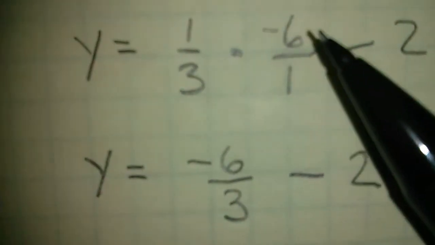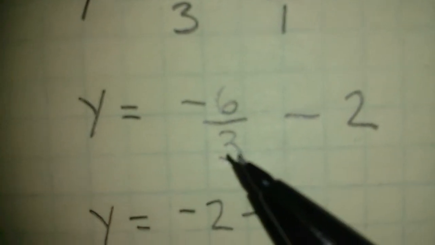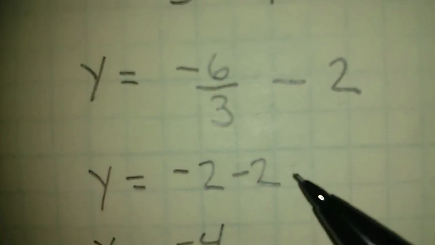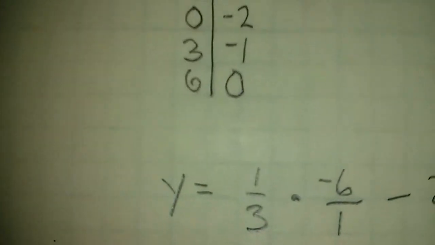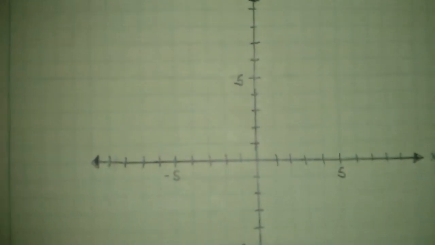We go 1 times -6 is -6, 3 times 1 is 3, -6 divided by 3 is -2, -2 minus 2 is -4. All those numbers are going to be clean, and we simply take those numbers and we plot them in our graph and draw our line.